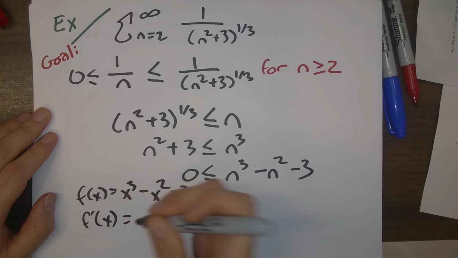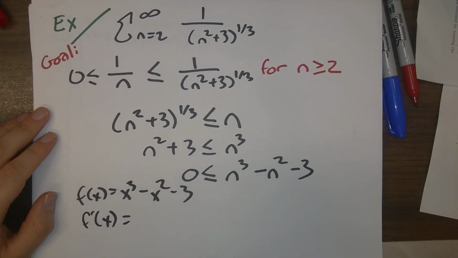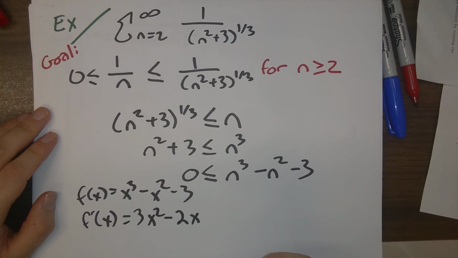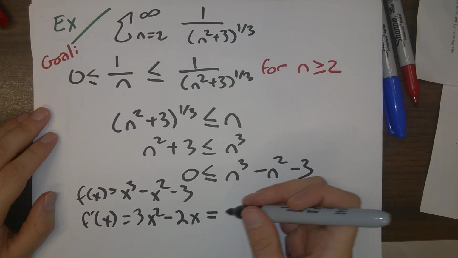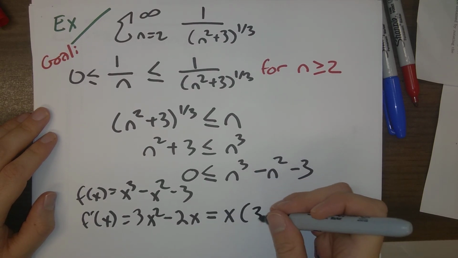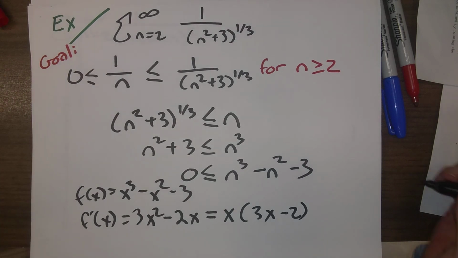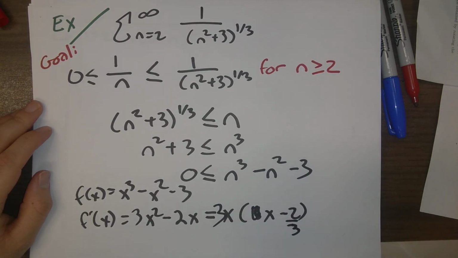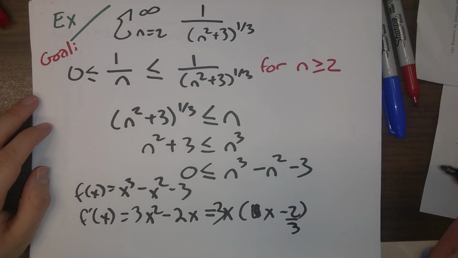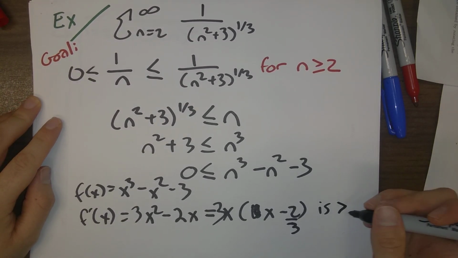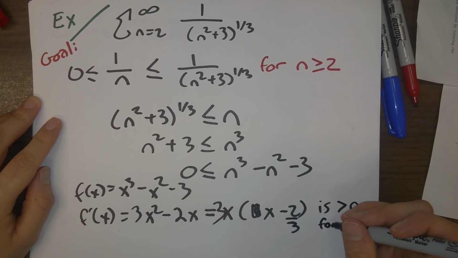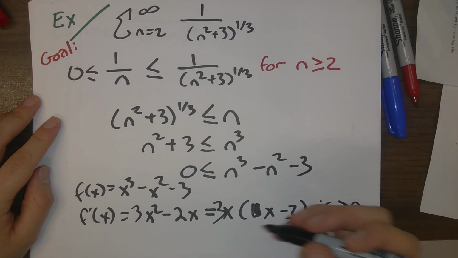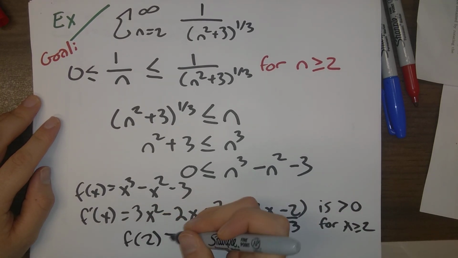The derivative here is going to be 3x squared minus 2x, and we can pull out a factor of 3x times x minus 2/3. And so this is positive for x greater than or equal to 2, and f of 2 is equal to 1.